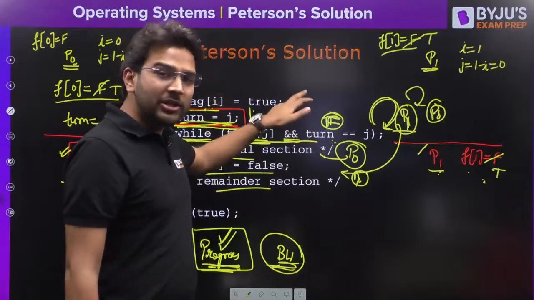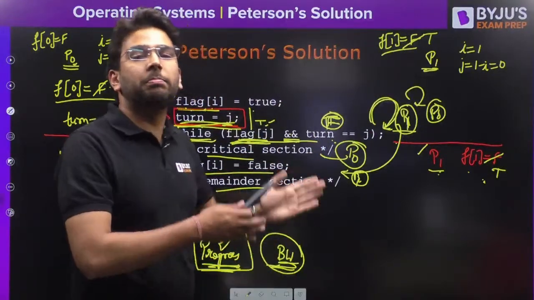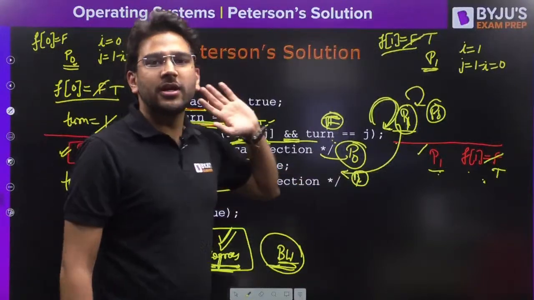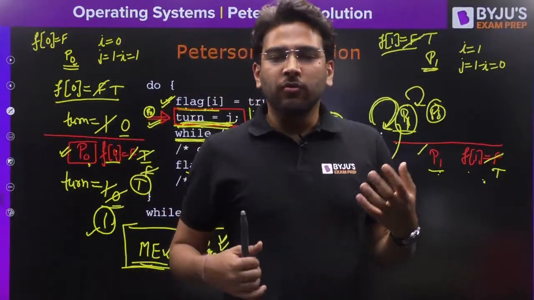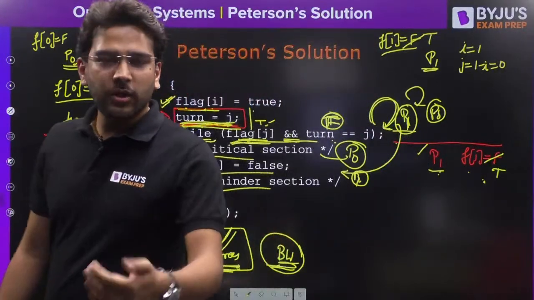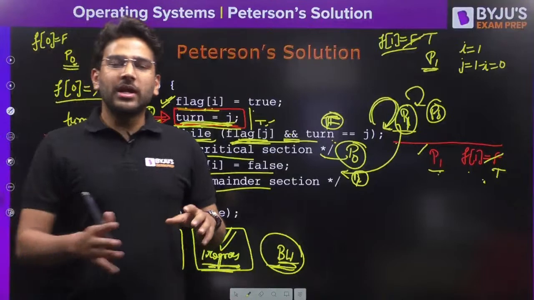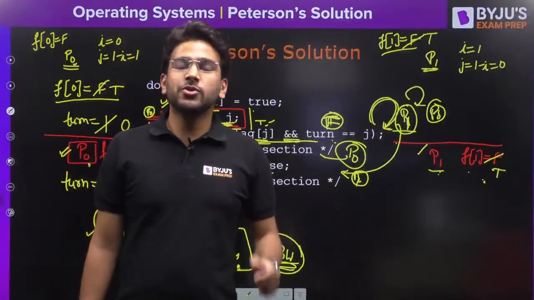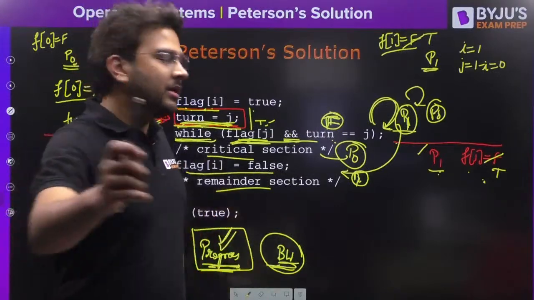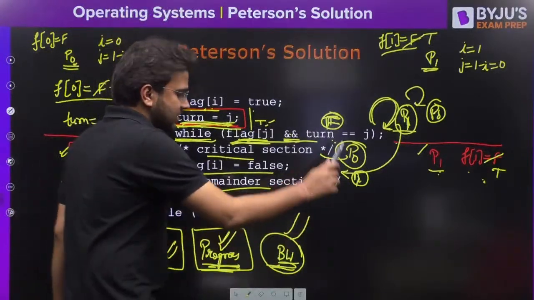But P1 got the chance now, because after P0, P1 executed turn is equal to j. That's why P1 is present in the critical section now. So whichever process executes the turn is equal to j statement first is going to access the critical section. But after that, let's say P1 executed that, so P1 only will get the chance after that to access the critical section. That is why bounded waiting is satisfied here.